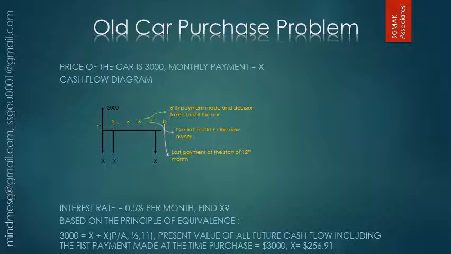And the way the problem is structured, after having paid the sixth payment, you decide to sell the car. You have located a buyer who has agreed to take the loan from you when the next payment is due, when the seventh payment is due.